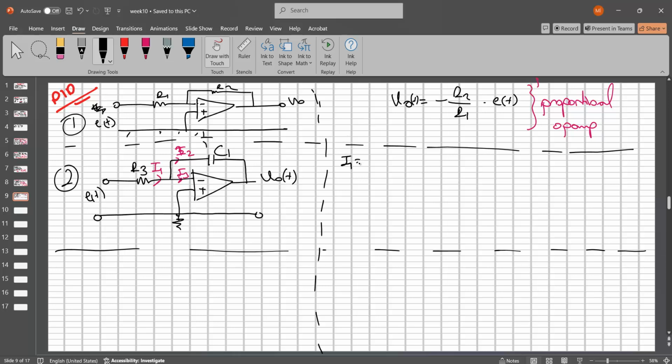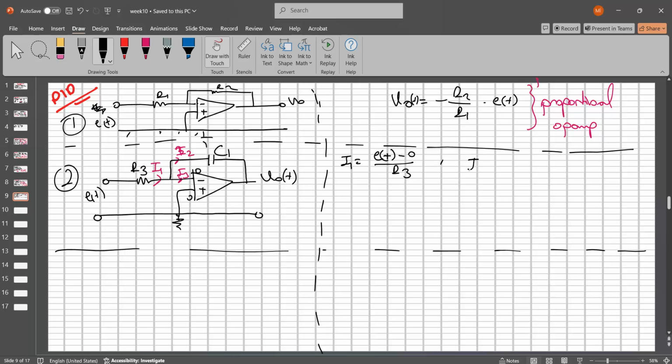I1 is equal to what? Yes, but in the voltage form, how can we calculate it in terms of the resistance and voltage values in here? Minus 0, because this is 0 voltage, this is also 0 voltage, right? And so ET divided by R3, right?